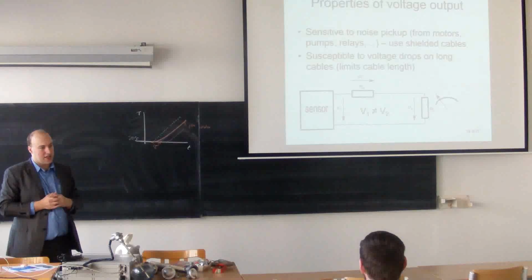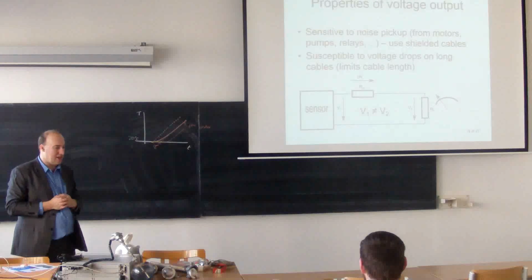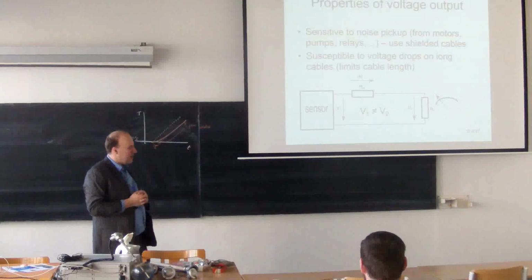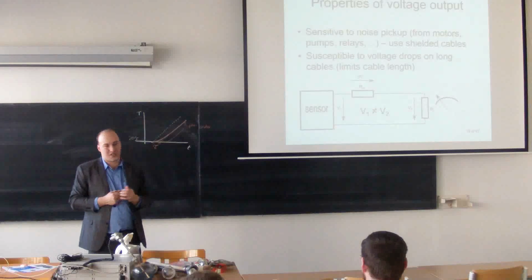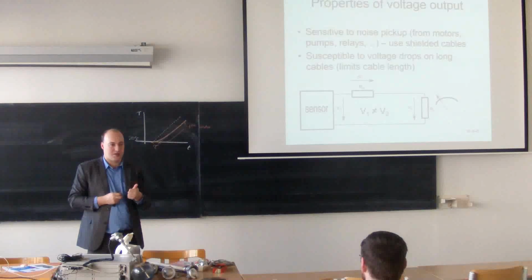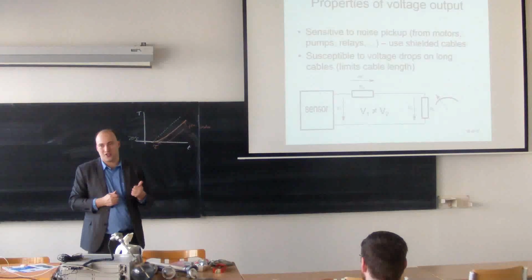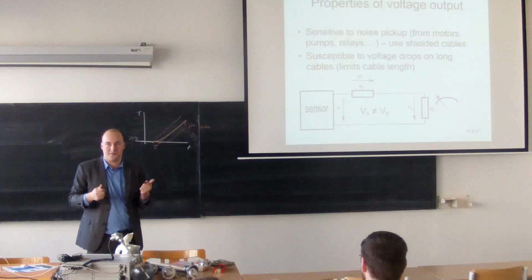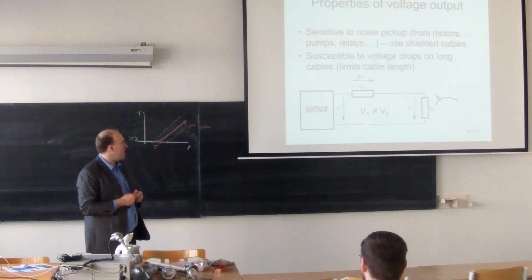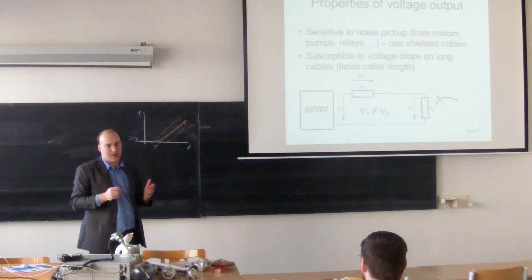So the voltage signal is good in environments where you do not assume you have any noise sources like electrical machines, electrical pumps and fans and so on. Or if the distance between the sensor and the meter is relatively short.